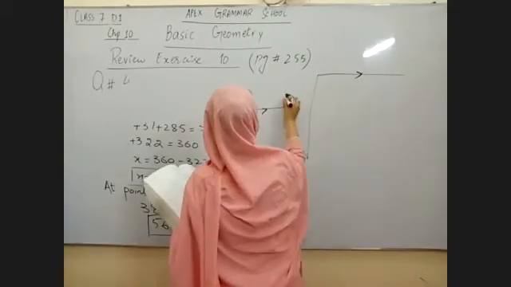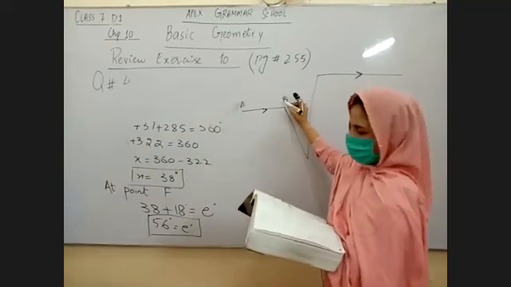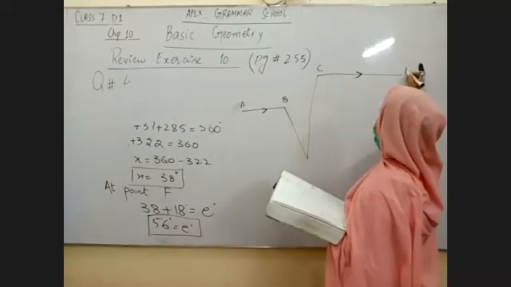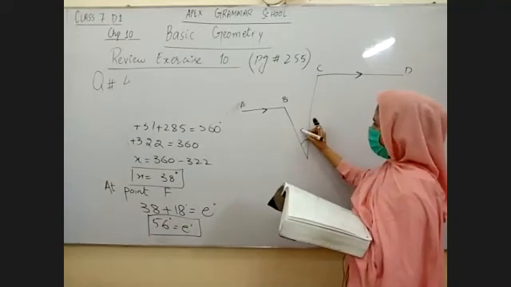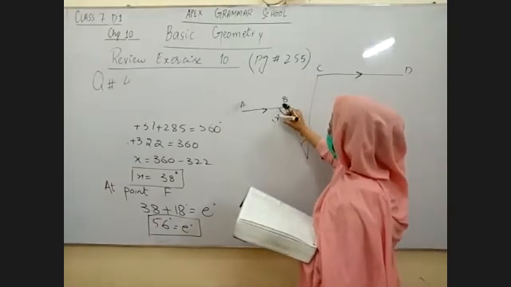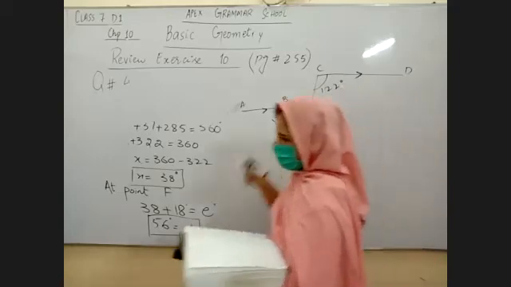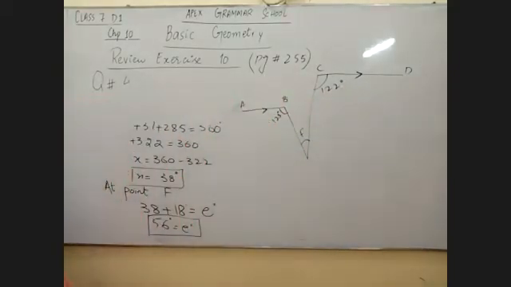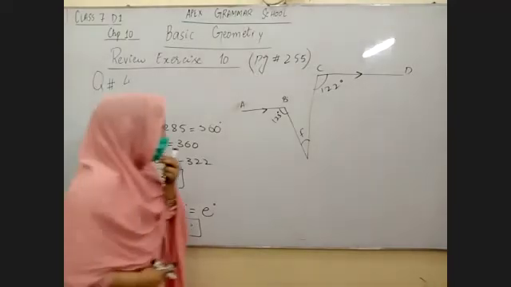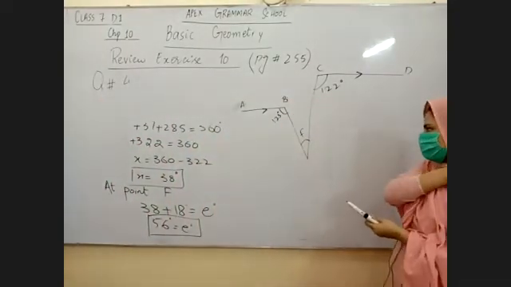This is A, B, C, and D. This angle is F, which is unknown. This angle is 123 degrees. This angle is 122 degrees. I'm going to give you this homework as your assignment. Please come over here so that you get to know what we have to do with this question.